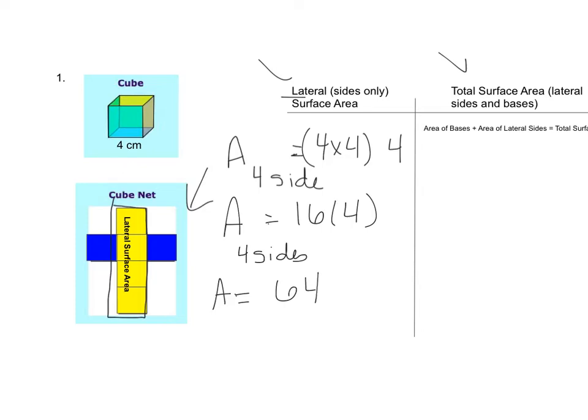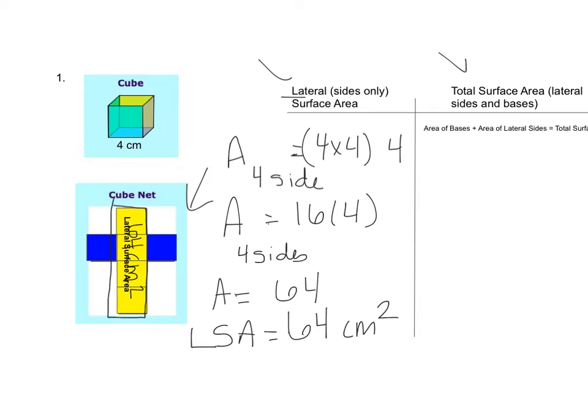Instead of writing it this way, I'm going to write lateral surface area is 64 centimeters squared. So this lateral surface area is 64 centimeters squared. That's the area of the 4 sides of this cube.